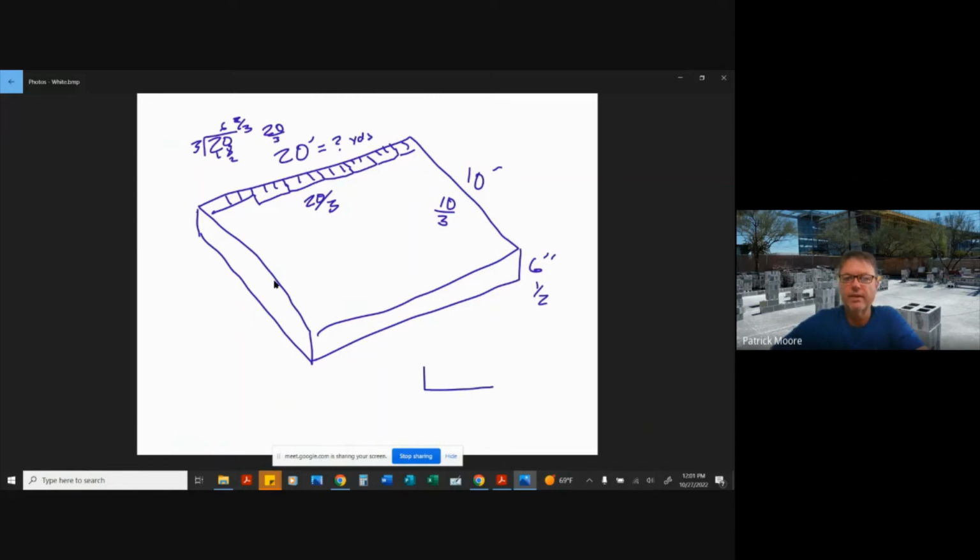Well, if there's 3 feet in a yard, this is 1 foot, 1 foot, and 1 foot to make a yard. How many half feet would be in a yard? Well, here's a half a foot. Here's the second half a foot. Here's the third half a foot, fourth half a foot, fifth, sixth. So there's 6 half feet in a yard.